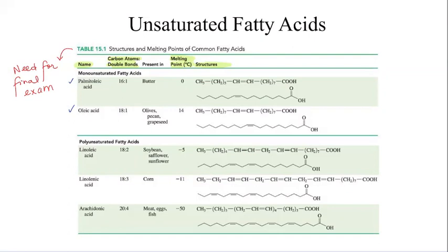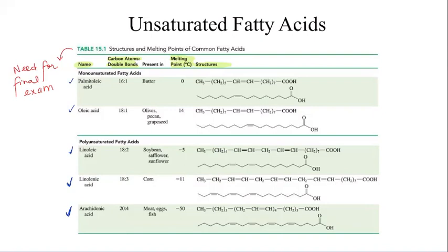But from the polyunsaturated fatty acid family, here we have linoleic, linolenic, and arachidonic acids in terms of the structure, okay? So remember, this table, 15.1, we are going to see throughout this chapter how we're going to utilize this information, okay?